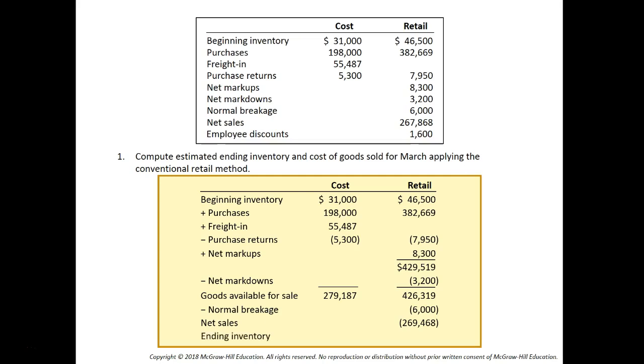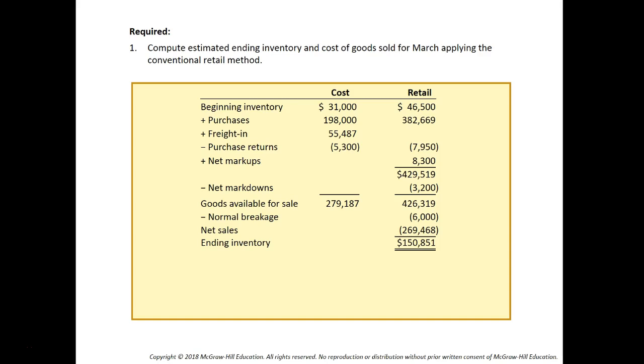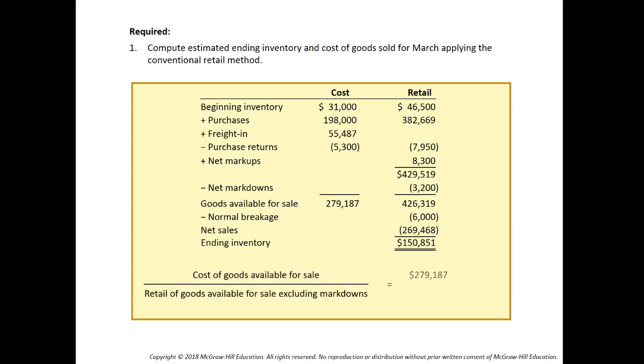$269,468. Our ending inventory is $150,851. So our goods available for sale is the $279,187. Divide that by our $429,519. We don't include the markdowns there.